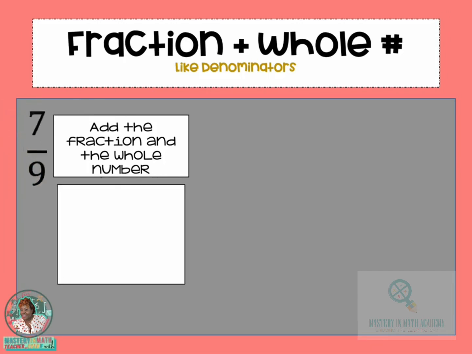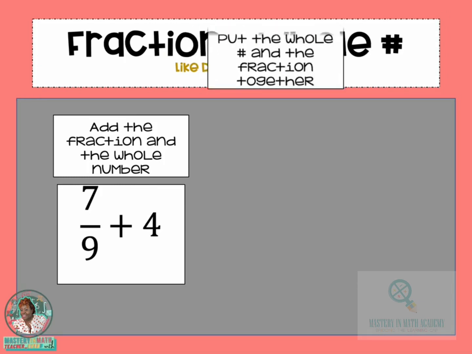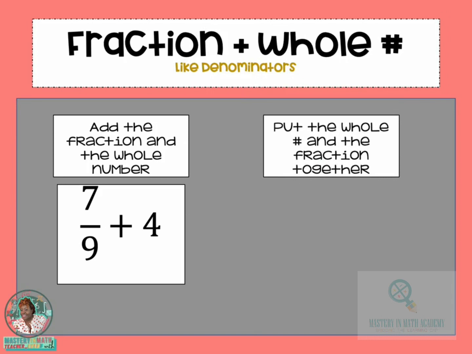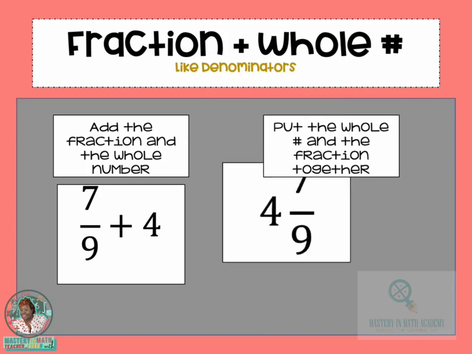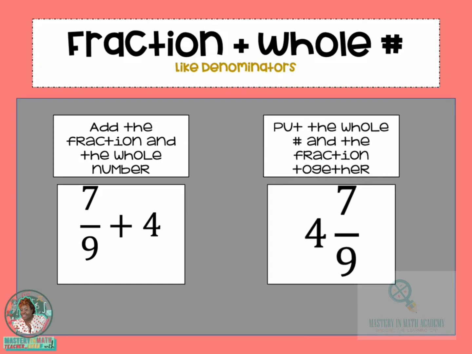We're going to add a whole number and a fraction, or vice versa, add a fraction and a whole number. And you see the strategy is you put the whole number and the fraction together, and voila, you get your answer. It's 4 and 7/9. All you're doing is switching it around.